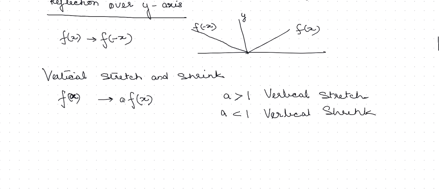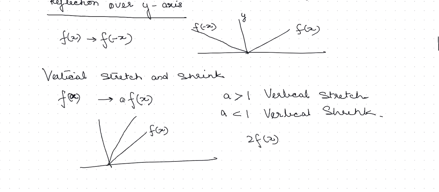As we can see, if this is f(x) and suppose a is 2, so it is 2f(x). All values are doubled here, so it will be like this. This is 2f(x), so it is a vertical stretch. Here a is greater than 1, that is 2. Now half f(x).